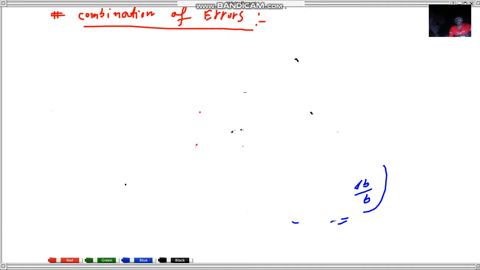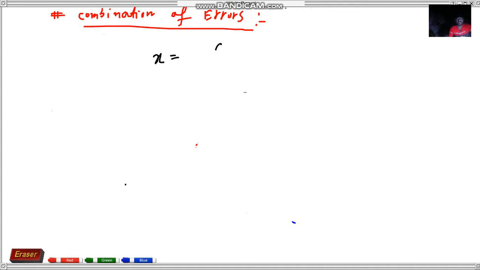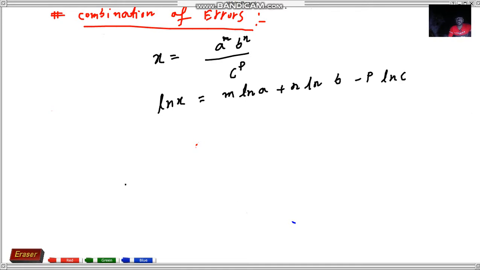Suppose we have a quantity x which depends on a, b, c like this: x equals a to the power m, b to the power n, and c to the power p. So how can we write? We have to take ln on both sides. So it will be ln x is equal to m ln a plus n ln b minus p ln c. This is the general process.